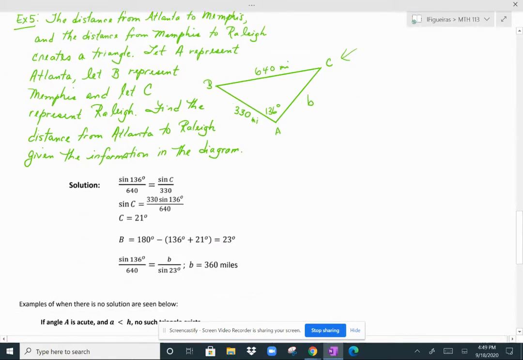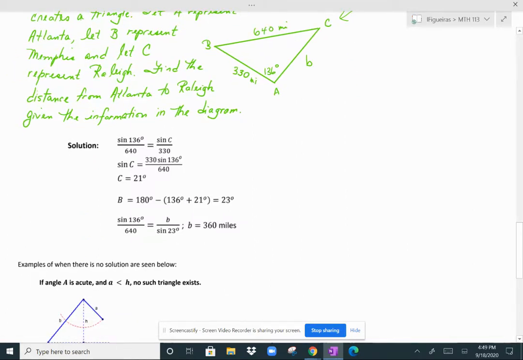So now that I know that angle B is 23 degrees, I can use the ratio that's given, sine of 136 over 640 equals B over sine of 23 degrees, multiply the sine of 23 over, oh no, this is in the reverse. These are reversed.